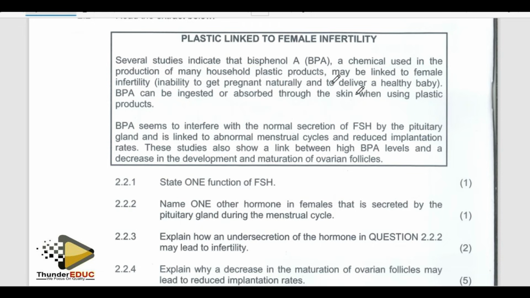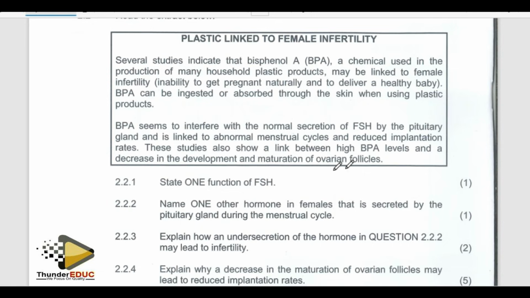You have to read the passage very well. So for the purpose of time, pause the video if you are not on live, and read it, or I hope you have a paper. Then after that, we continue.